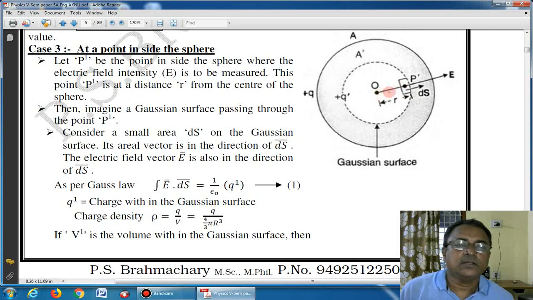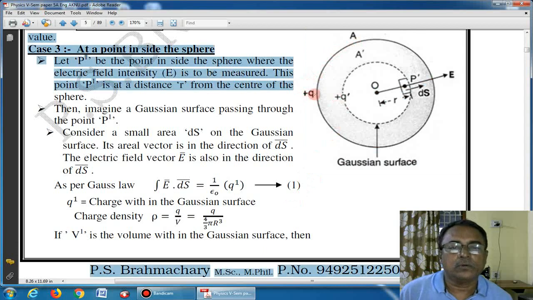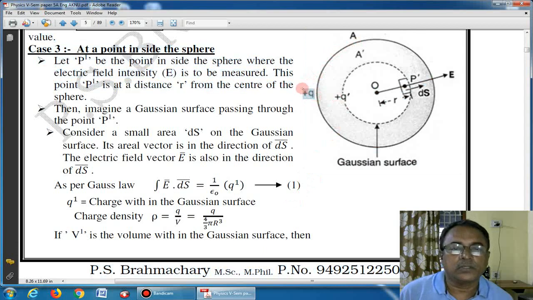So here small r is less than capital R. Capital R means the radius of the sphere. The total charge given to this sphere is say plus Q.